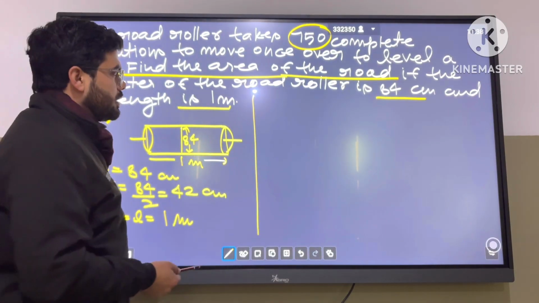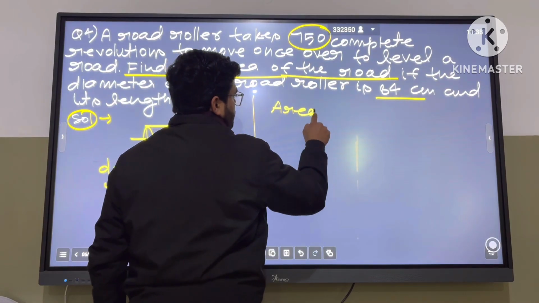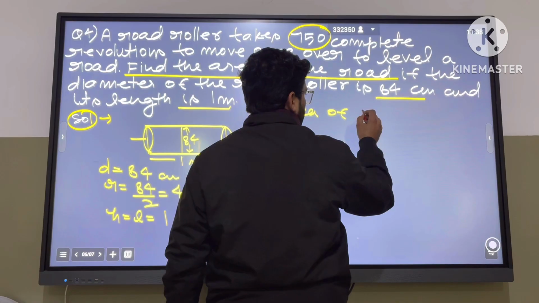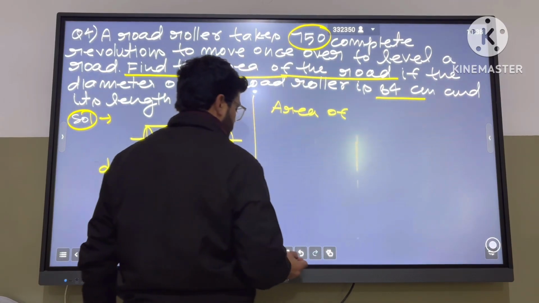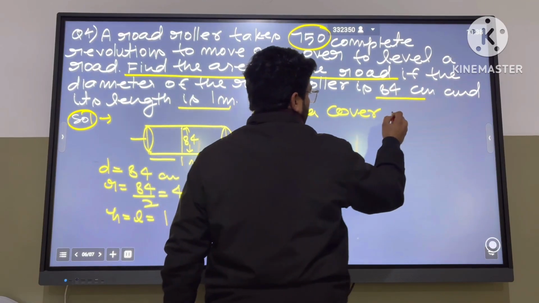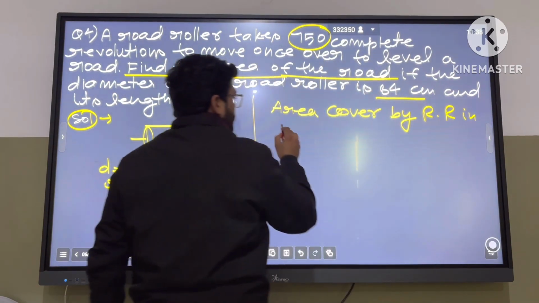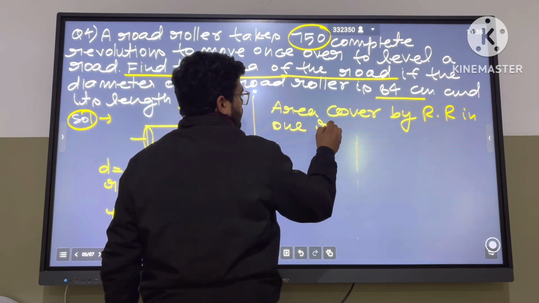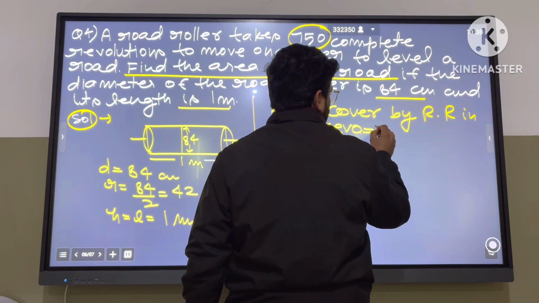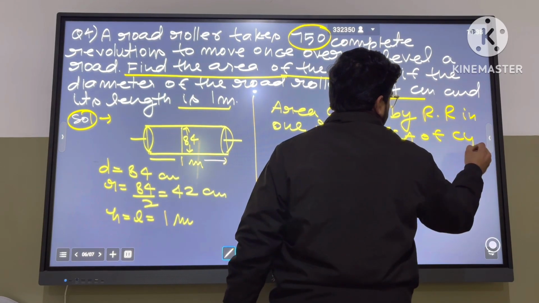I repeat, the area covered by the road roller in 1 revolution is equal to the curved surface area of the cylinder.